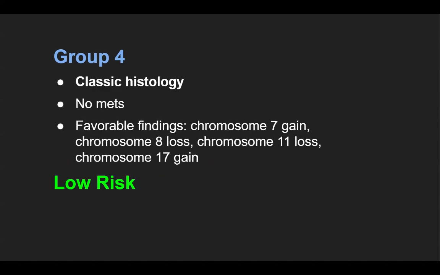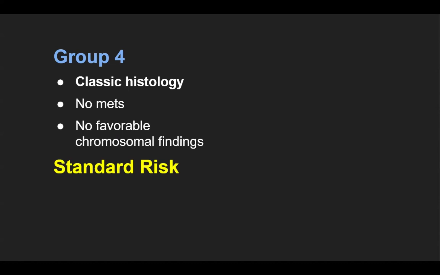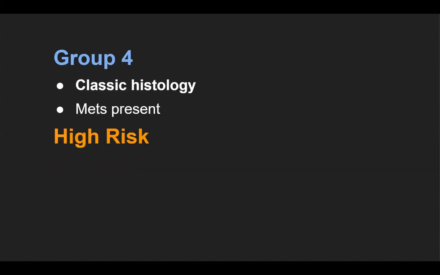So we have 3 groups in the group 4. There is a low risk group, there is a standard risk group, and then there is a high risk group. Low risk is when there is classic histology but no mets and favorable findings. Standard risk is when there is classic histology, no mets, but no favorable chromosomal findings. Group 4 high risk is when there's classic histology but mets are present.